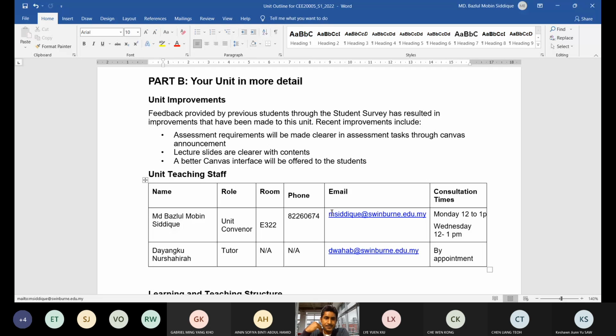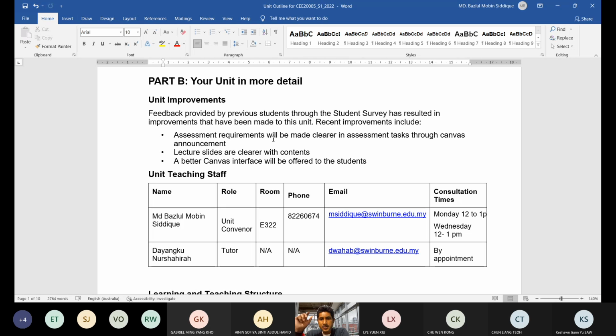to make it clearer. So assessment requirements will be put up through the Canvas announcement. Usually what I do is every week there will be an announcement. This week I didn't do it because I already announced the introduction class on the Canvas.